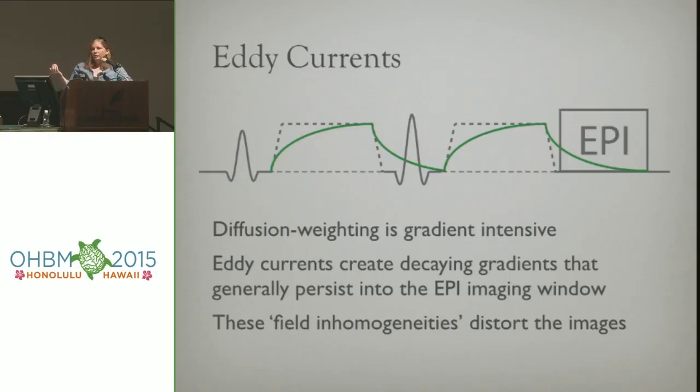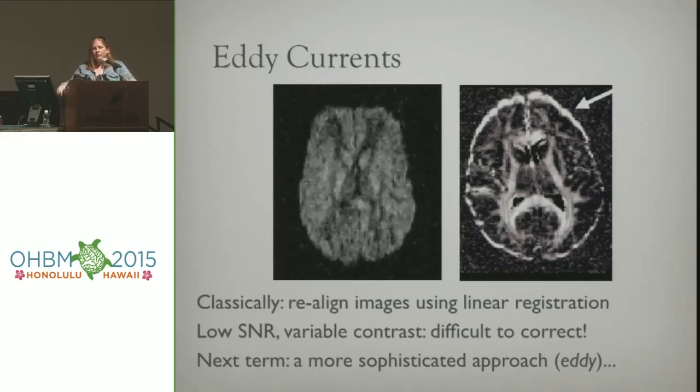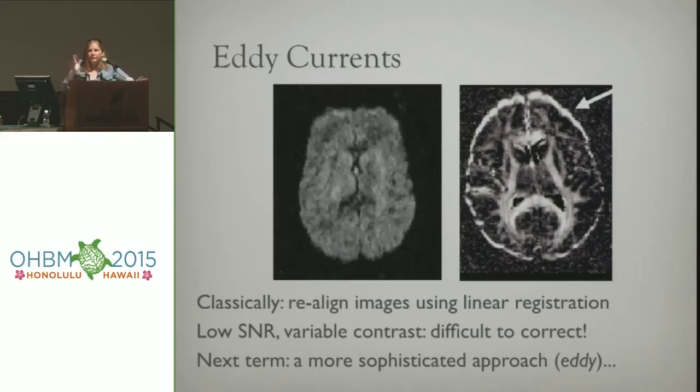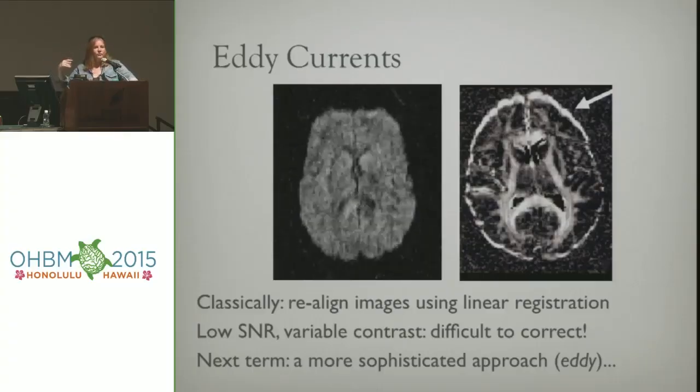In other words, you still have some effect of those diffusion gradients slowly dying out over your acquisition. That wouldn't necessarily be a very big problem if it wasn't for the fact that the direction of those diffusion gradients varies from acquisition to acquisition. That creates distortions and shearings of the image over different directions. Here we're just running through different diffusion directions, and that's not motion, that is artifacts.